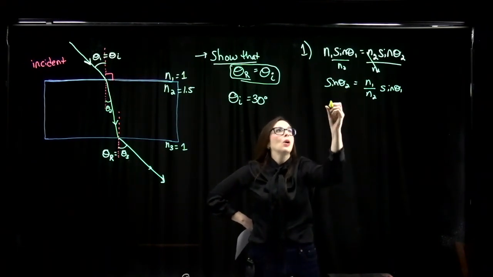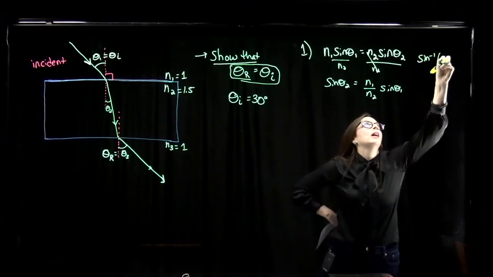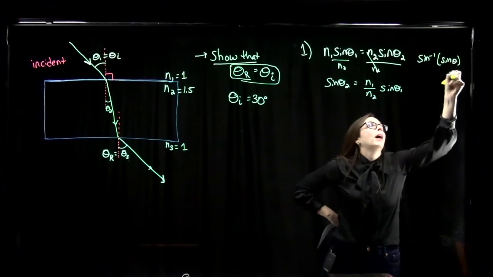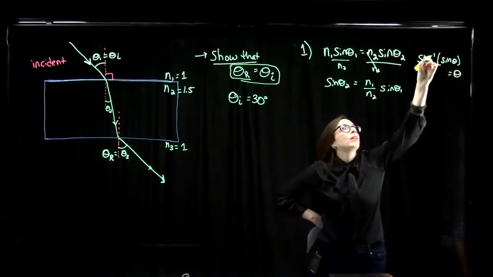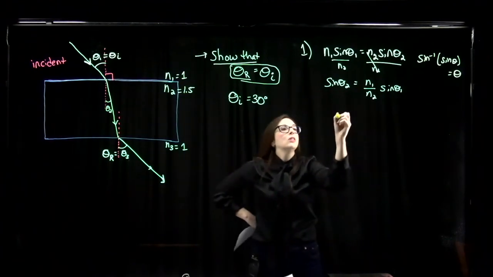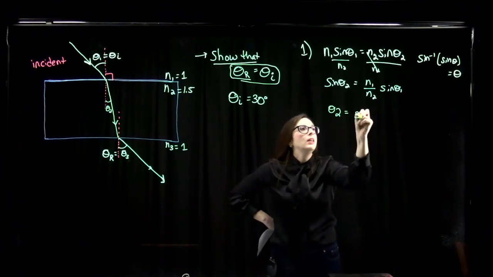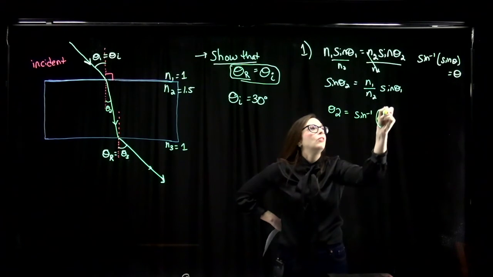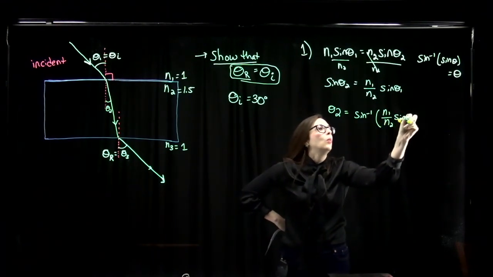I'll just say inverse sine of sine theta just gives you back the angle theta, okay? And that little superscript negative 1 tells you that's the inverse, okay? So theta 2 is equal to the inverse sine of N1 over N2 sine theta 1.